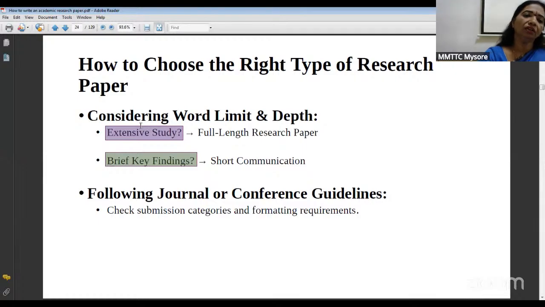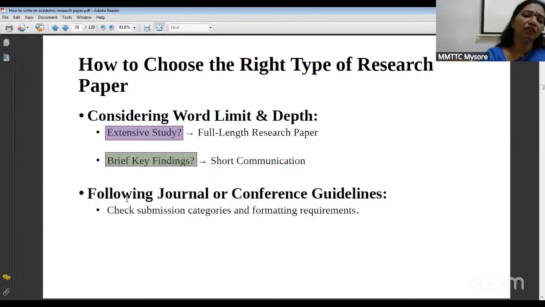You can also decide the type of paper you are going to publish based on the word limit. For brief key findings, you go for the short communication.